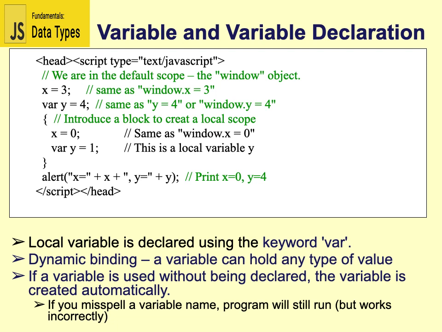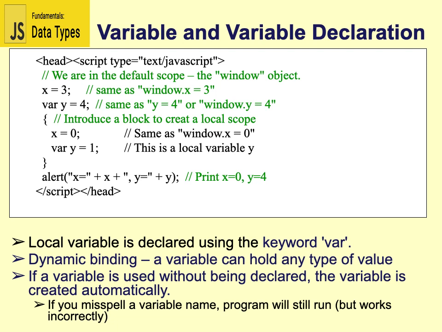Then there is an anonymous block inside which two instructions are there: x is equal to 0, var y is equal to 1. These are the two variable declarations with initial values 0 and 1 for x and y respectively.